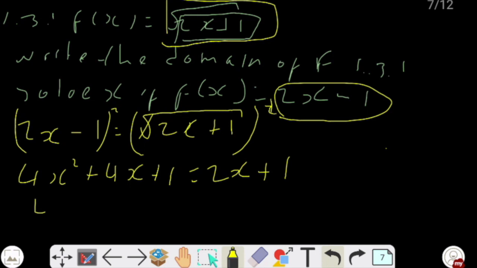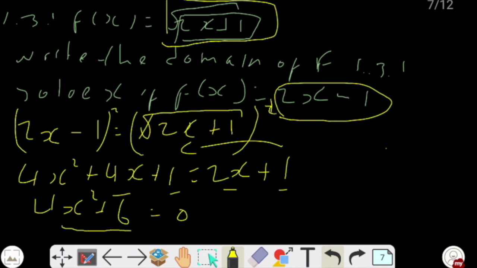You will have 4x squared, and if we take the 2 to the other side, the 1 will cancel out, meaning you'll be left with, actually it's 6x, because it's 4x plus 2x, and the 1 and the 1 moving to the other side, they will cancel out, meaning everything will be equal to 0.